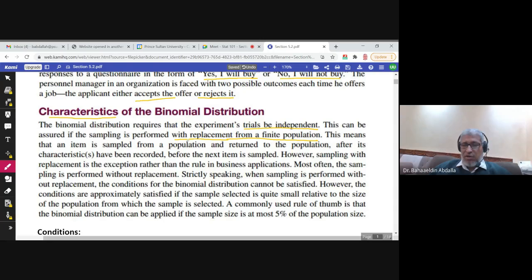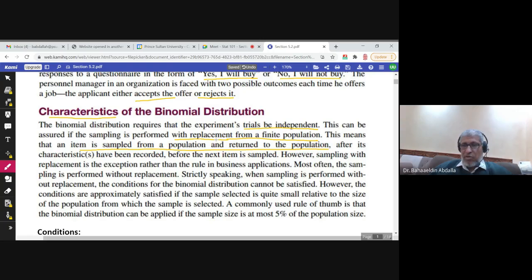So what is the meaning of replacement? When you take with replacement, this means the item is sampled from a population and returned to the population. So assume there are 30 students in the class, and I select 5 students from the class, with replacement. So what does it mean? I select the first student and I put it back in the class.